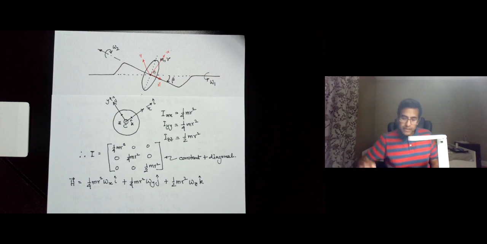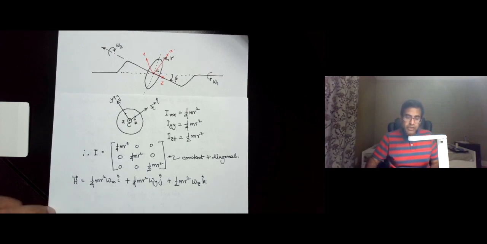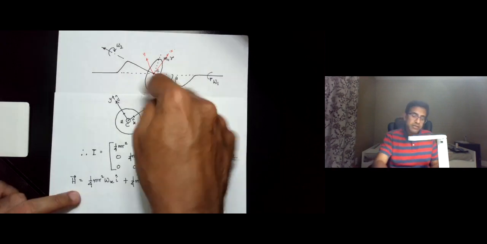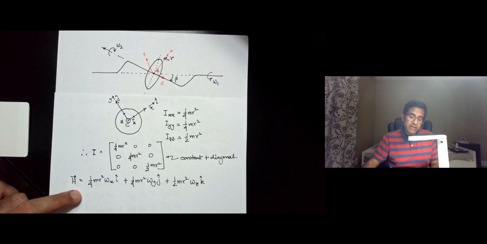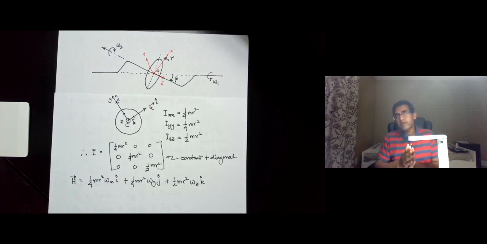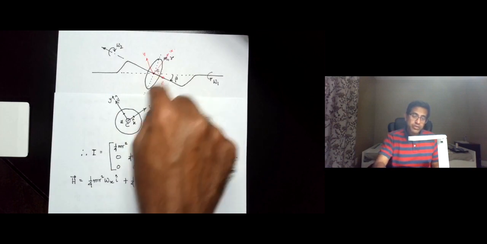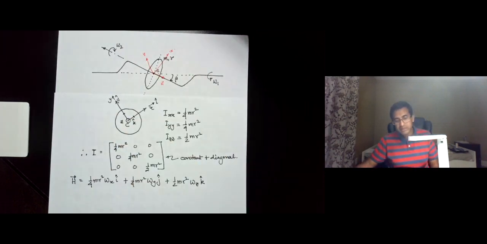In order to show that, we will break down this arbitrary orientation of this disk into three separate rotations, and we will show how three separate rotations will produce this arbitrary orientation of this rigid body.